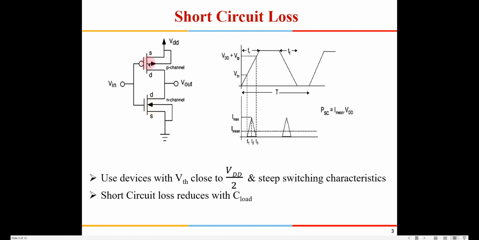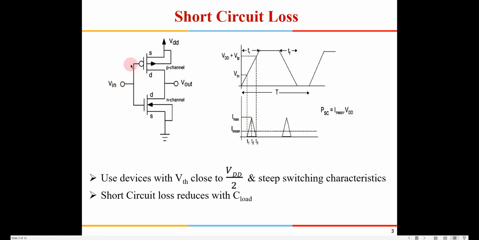What about the voltage available across the source and gate of the PMOS? It is 1.8 volt minus 0.6 volt, which is 1.2 volt. That means the PMOS is also on and the NMOS is also on. As we keep increasing this voltage, you will find the current is increasing, and when it reaches exactly halfway through, the current will be maximum.